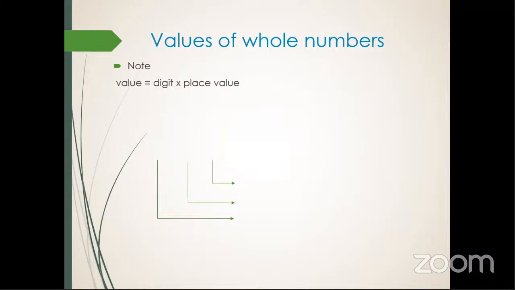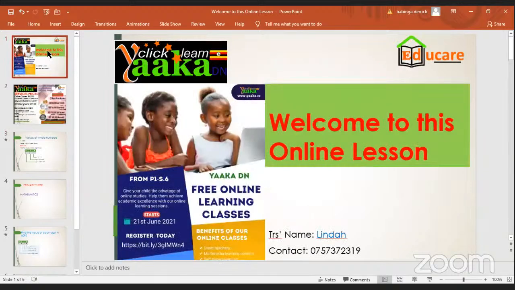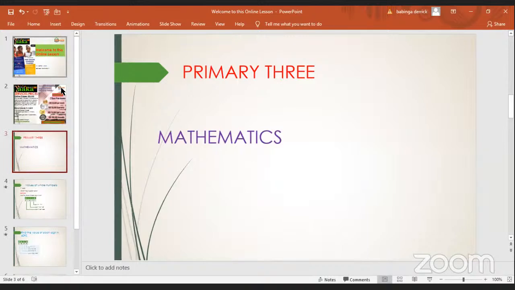So when we're looking at the values of numbers, we multiply a number times its place value. And that is our interest to them.